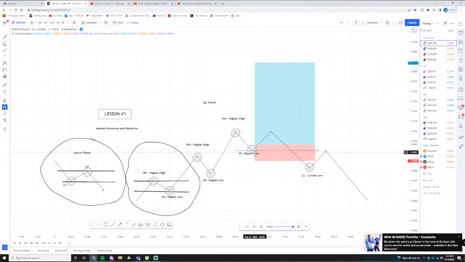In theory, if we're in an uptrend, price should always trade above this higher low area. That is why we place our stop loss below this area, because price should never do this if we're going to continue upwards.